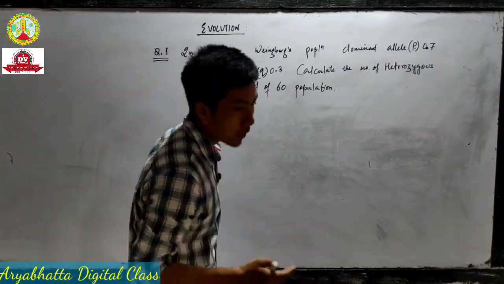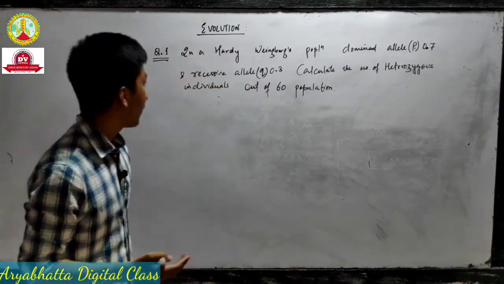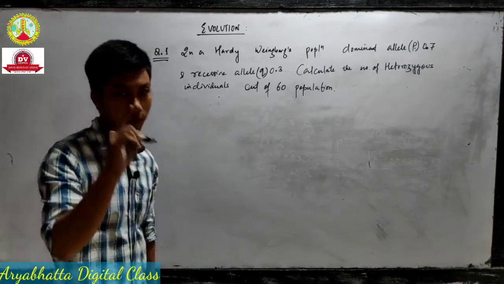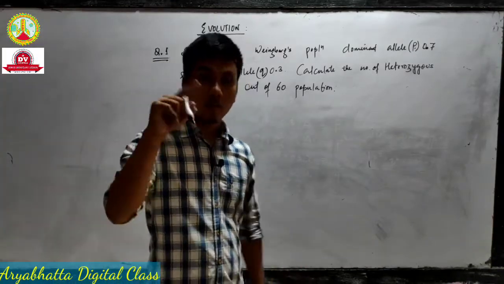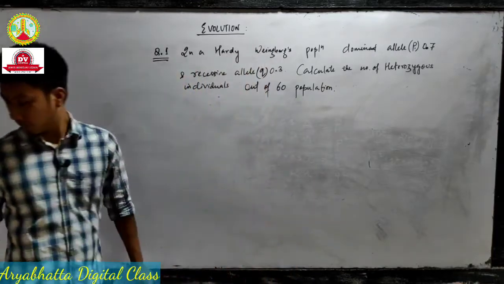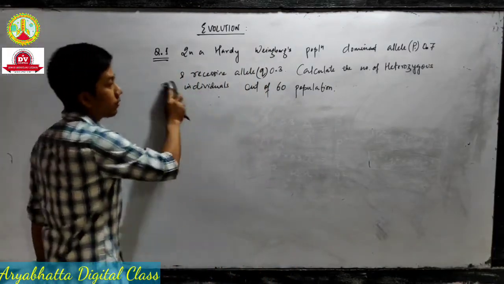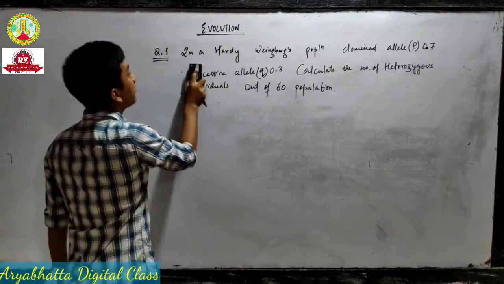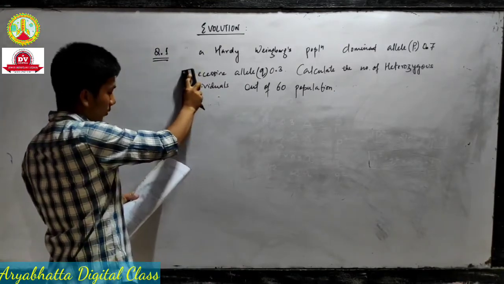So find the number of heterozygous individuals out of 60 population. That means 60 by 100 into whatever value you get. That will be your homework. Do it by yourself. Next question.